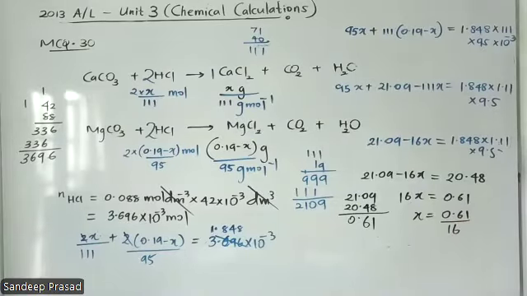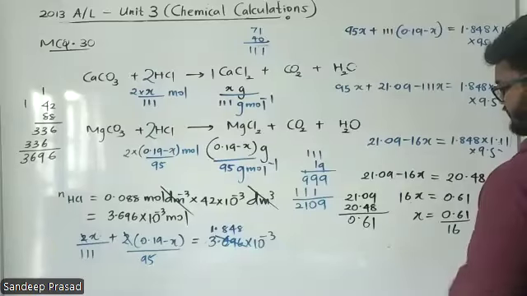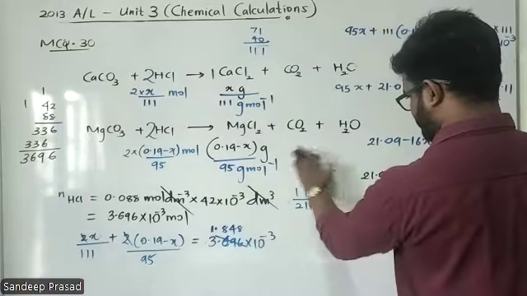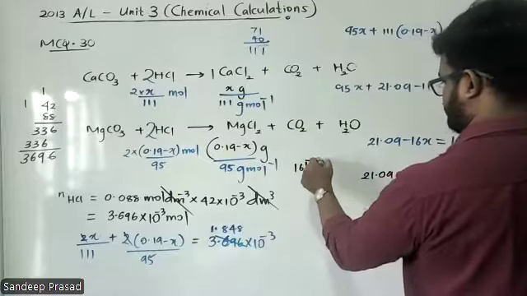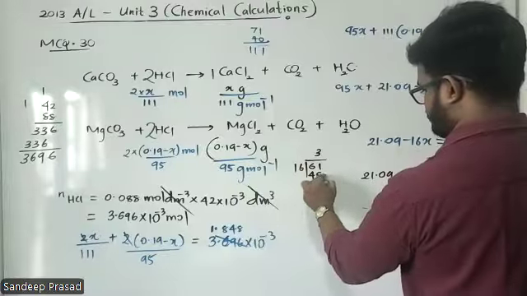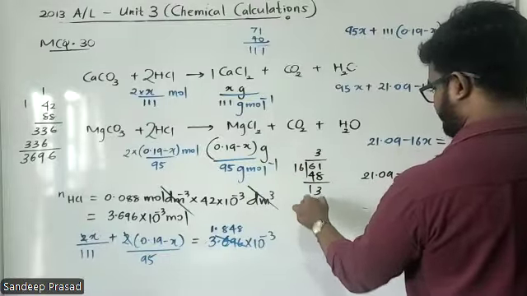So this is the mass of calcium chloride. Okay. 61 divided by 60. So here we have 3, 13.